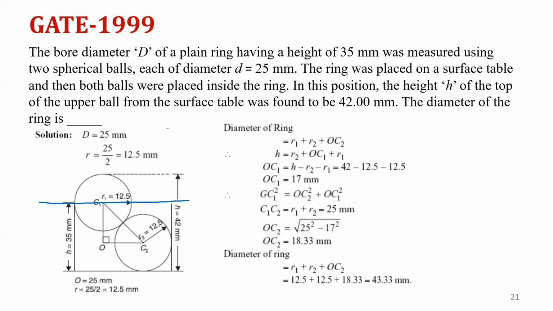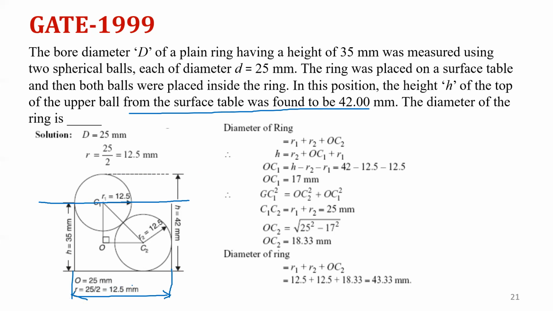The height of the upper ball from the surface table was found to be 42. This height is given as 42. The diameter of the ring is what we need to find out.